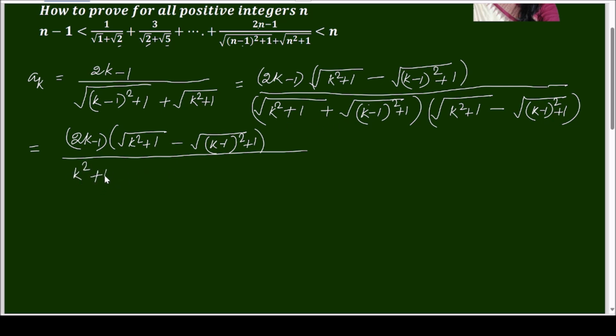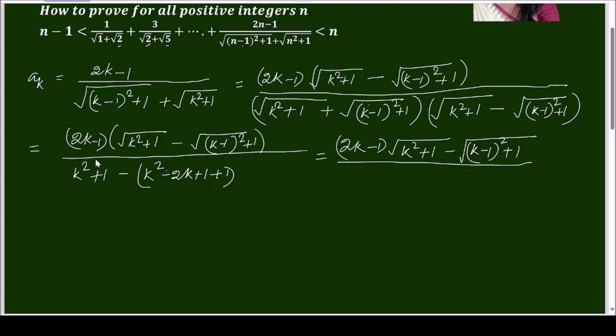So it will be k square plus 1 minus (k minus 1) whole square, which is k square plus 1 minus k square plus 2k minus 1 plus 1. It will be 2k.